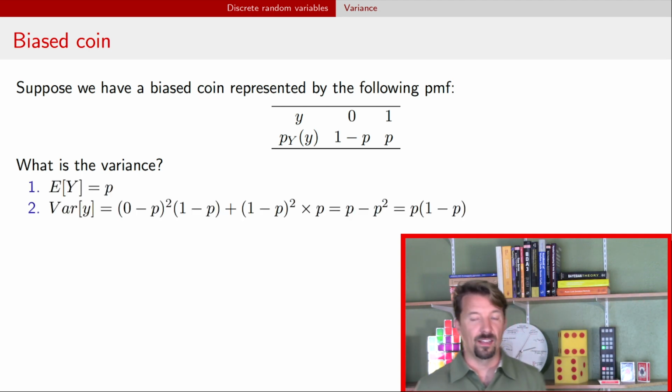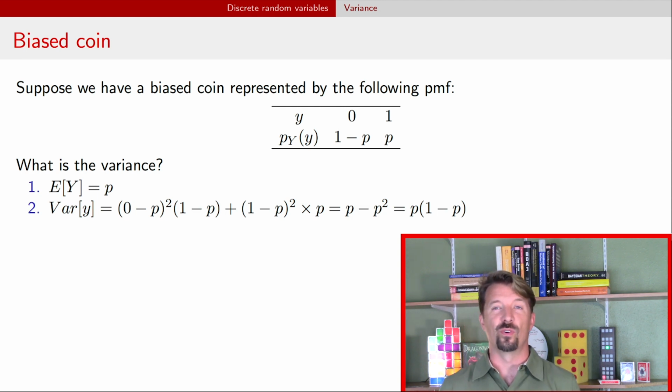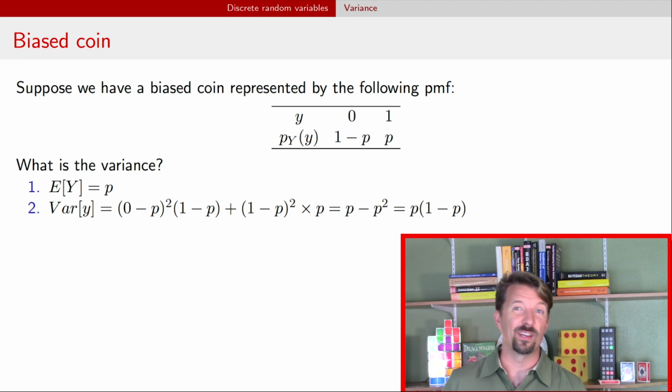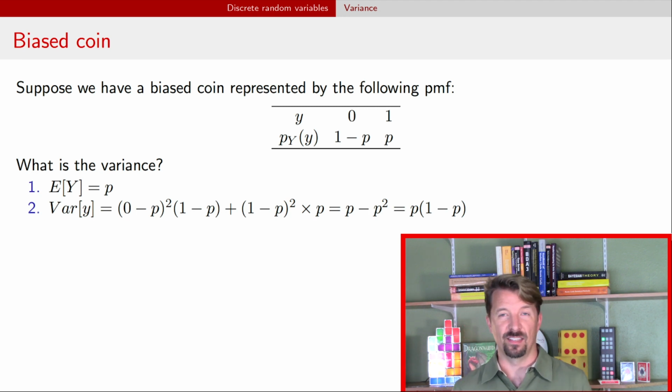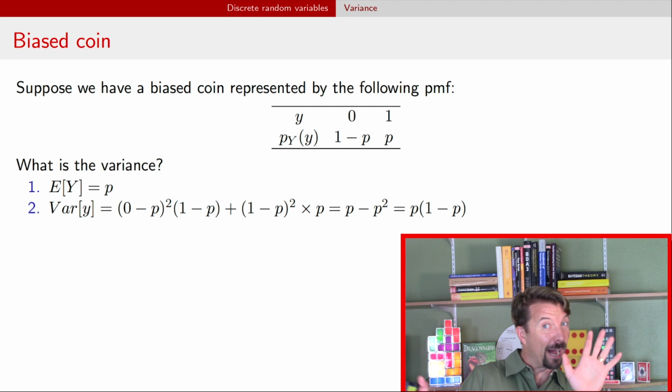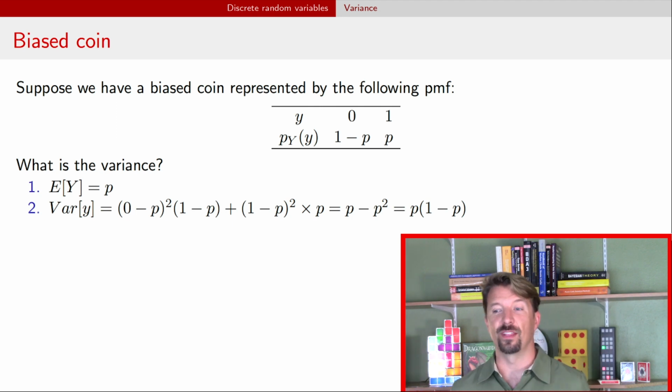Alright, and if you do, you'll find that the expected value, which we derived before, is P, and that the variance is P times 1 minus P. So then the next question for you: what value for P maximizes this variance? So again, you should stop and try to figure that out.